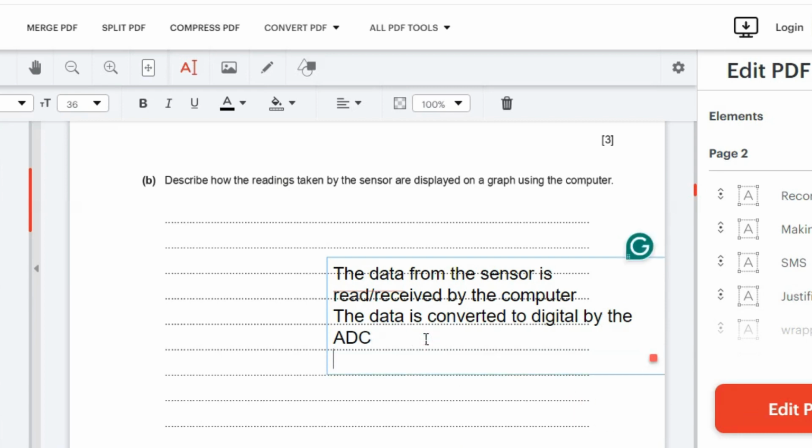Also, the software is opened on the computer. The software is what? Is opened on a computer. All right. Are we following?